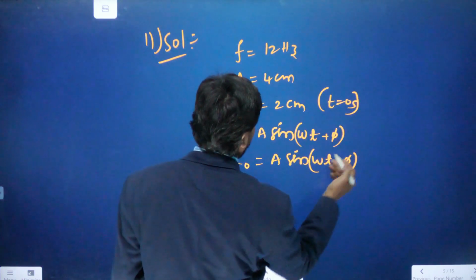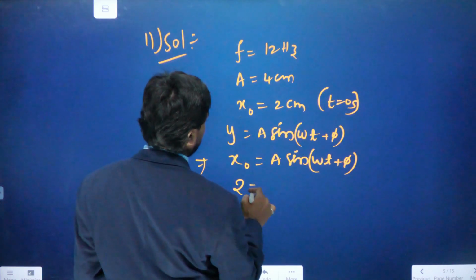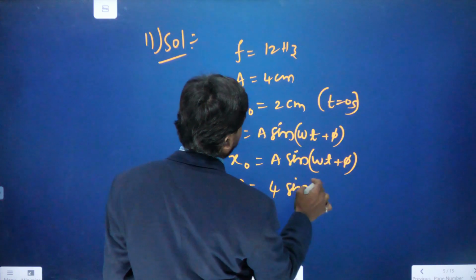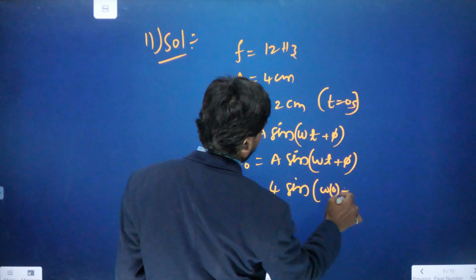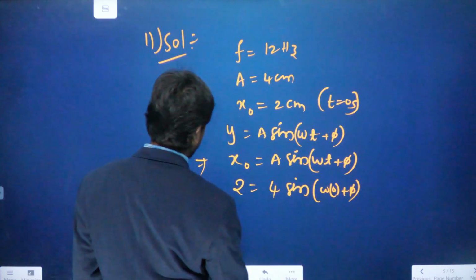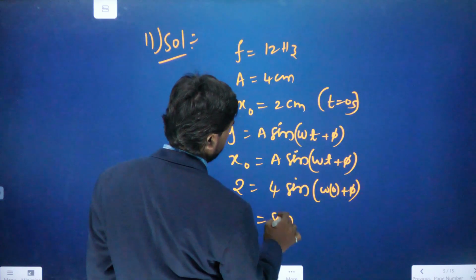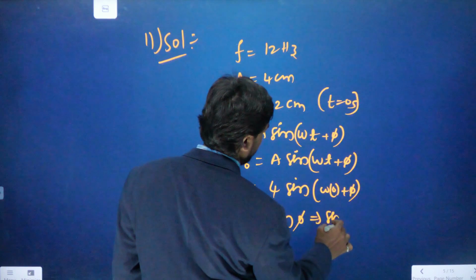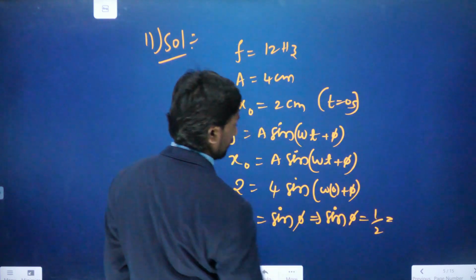If you put t is equal to 0, then x naught is 2 centimeters and A is 4 centimeters. It is sine of omega into 0 plus pi, that is plus pi. So 2 by 4 is equal to sine of pi, which means sine pi is equal to 1 by 2. When will it be 1 by 2?